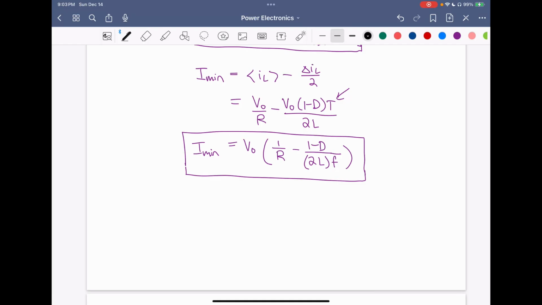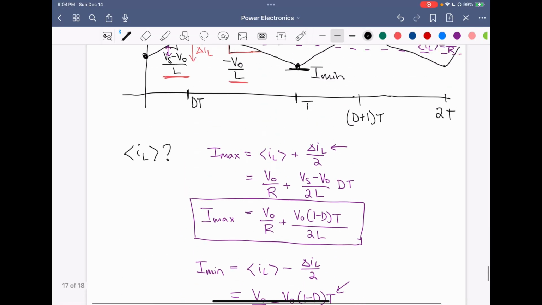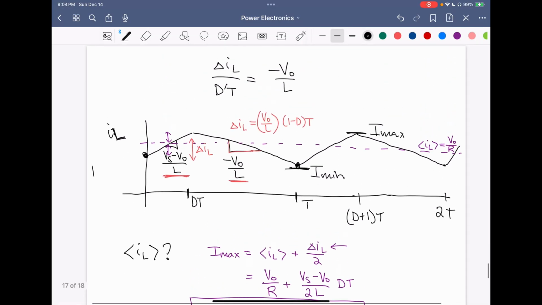So this happens where the minimum inductor current, I min, equals 0. In this case we use the minimum inductance, L min, which will give us the case in which the minimum inductor current goes to 0.